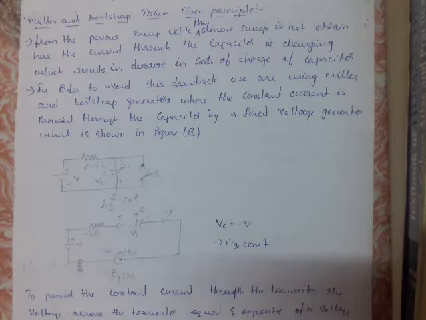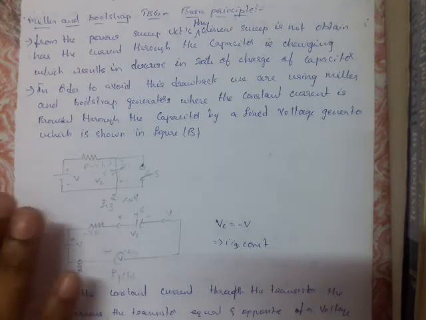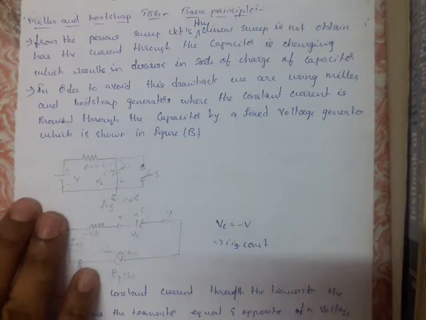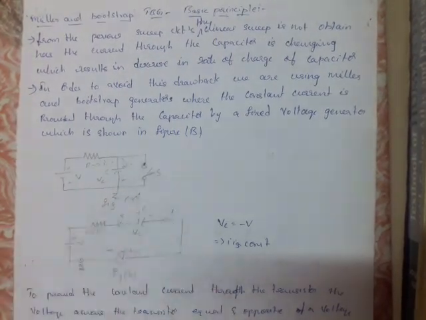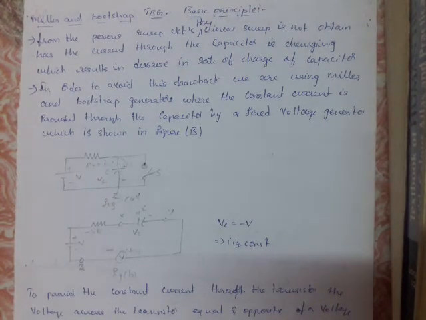But what is the main difference between that circuit and this circuit? We are adding some voltage at the input side, at the capacitor, and at the switch, whereas in the exponential sweep circuit we are not adding any voltage at the input side. That makes the difference between Miller's and the exponential sweep circuit diagram.